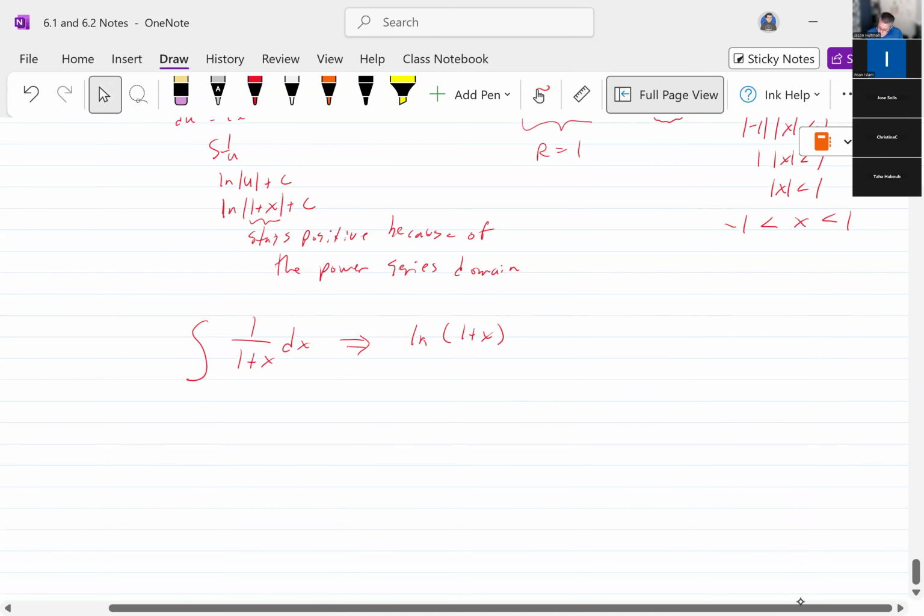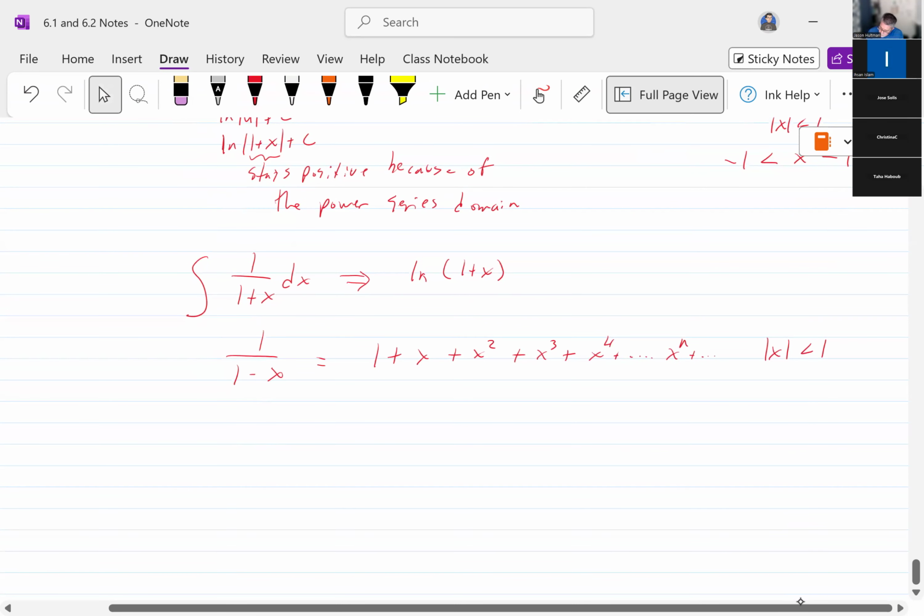So let's do this as a power series. Well, 1 over 1 minus x first is going to be 1 plus x plus x squared plus x cubed plus x to the 4th plus dot dot dot plus x to the nth plus dot dot dot, with a radius of convergence of 1.